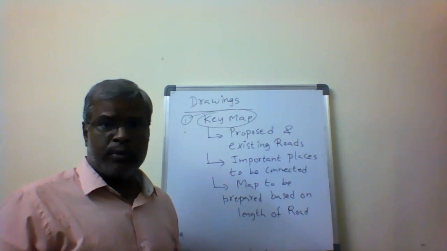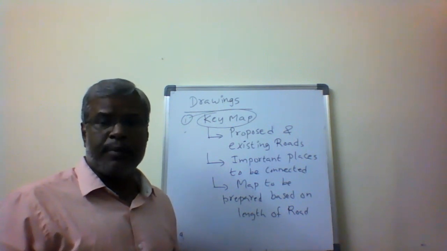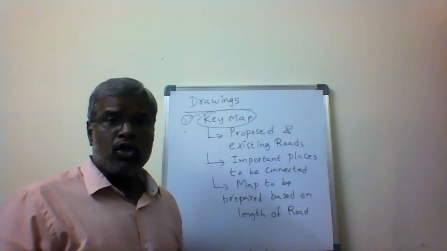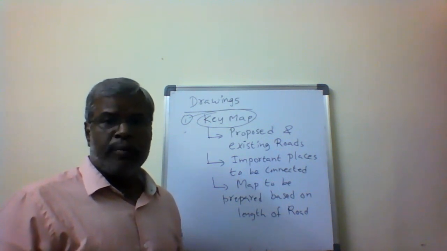That's why important places to be connected and the map to be prepared based on the length of the road. What is the length and width, or what is the scale to be prepared, depends upon the length of the road, how many kilometers we are going for the construction. So that is going to be based on that.